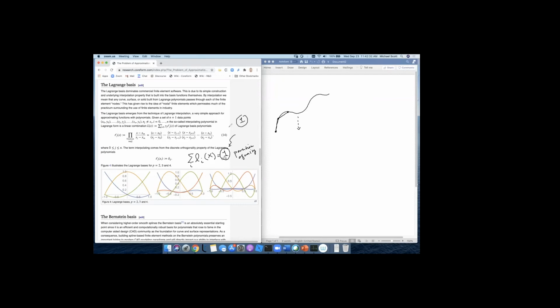Kyle, did you want to say something? I was just going to say that partition of unity is important for representing translations. That's a pretty important thing to represent, and without it, you can't do that. Yeah, a partition of unity as a baseline means you can represent constants, which are like translations, rotations, stuff like that. So it's an important property. I would say it's probably number 1 on my list for properties for a good basis.